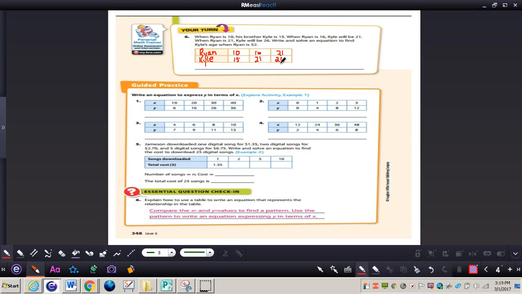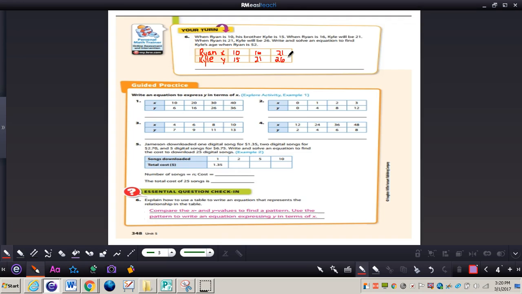So we can see that information, and now we need to take a look at how we can solve it. So we can see every time we go from the x to the y, 5 is added each time to Ryan's age. So 10 plus 5 is 15, 16 plus 5 is 21, 21 plus 5 is 26.